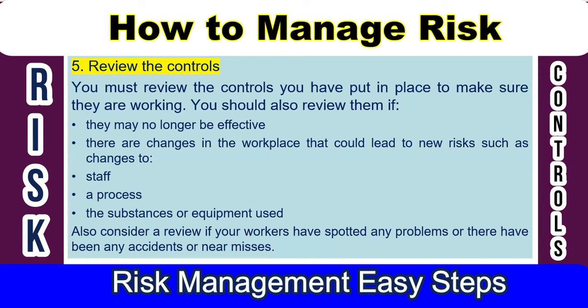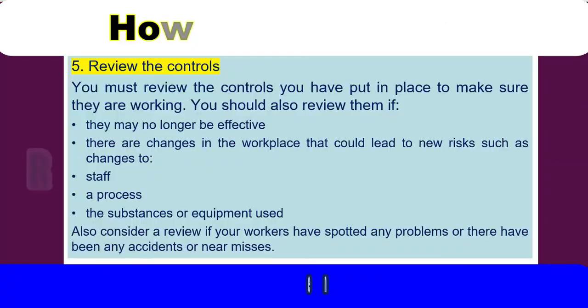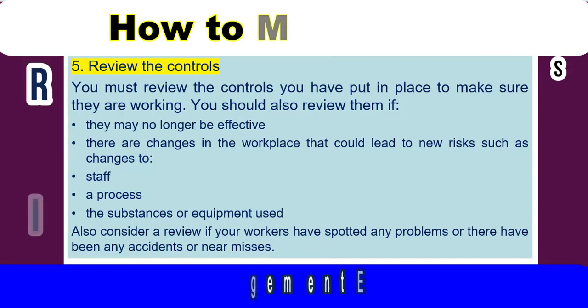There are changes in the workplace that could lead to new risks, such as changes to staff, a process, the substances or equipment used. Dear friends and fellows, you also need to consider a review if your workers have spotted any problems or there have been any accidents or near misses.